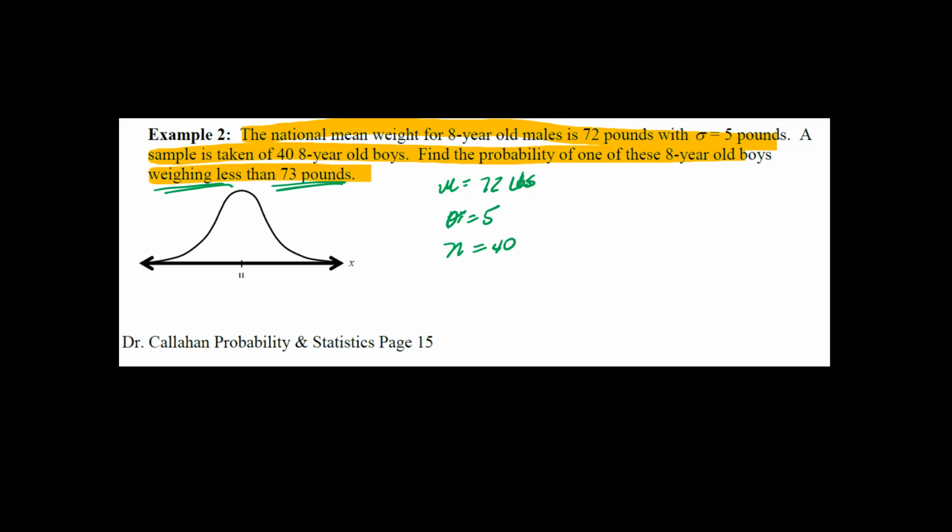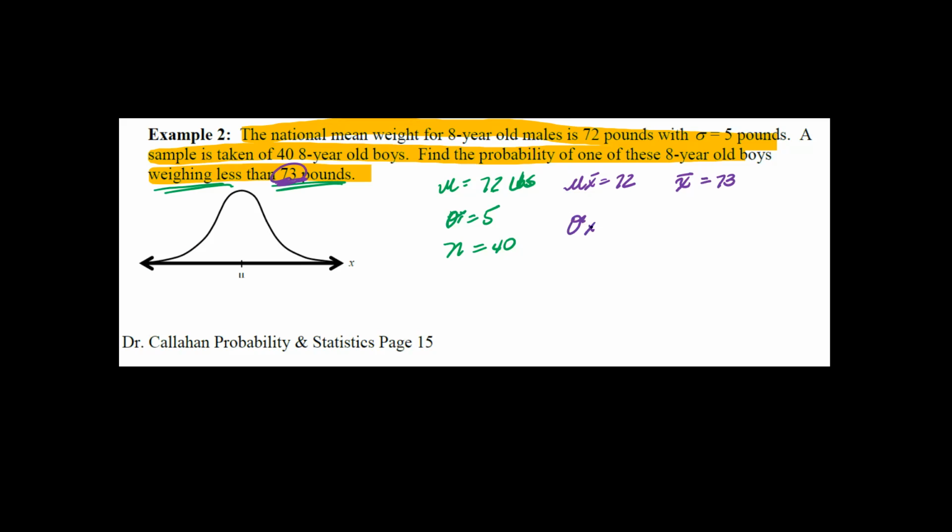So first, let's go ahead and find the standard deviation of the X bar. So your μ X bar is going to be 72. Your X, which is given from the question here, is 73 because you want somebody who's weighing less than 73 pounds.